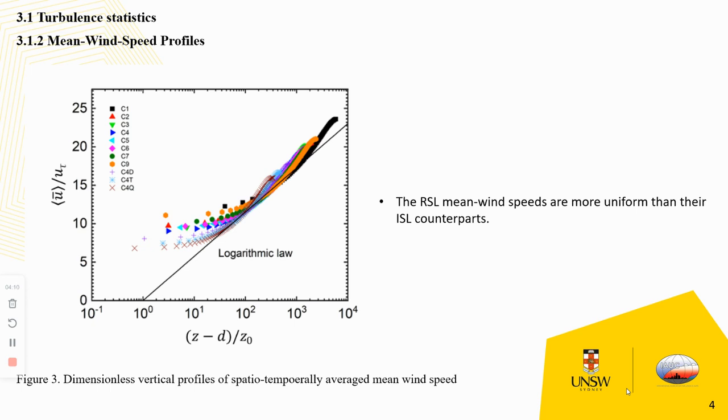We focus on the RSL part. The mean wind speed shifts downward with the increasing drag coefficient.